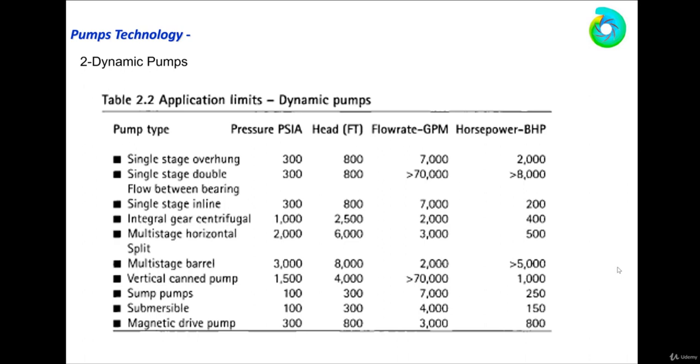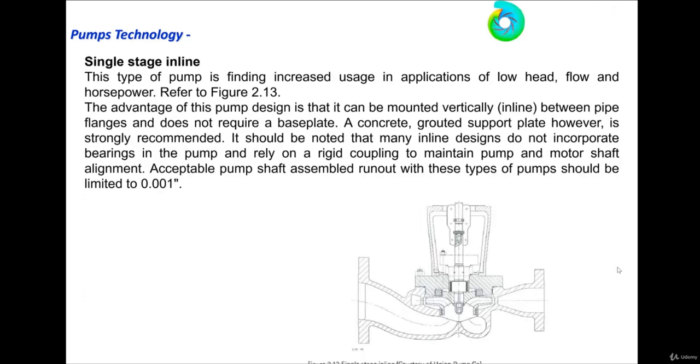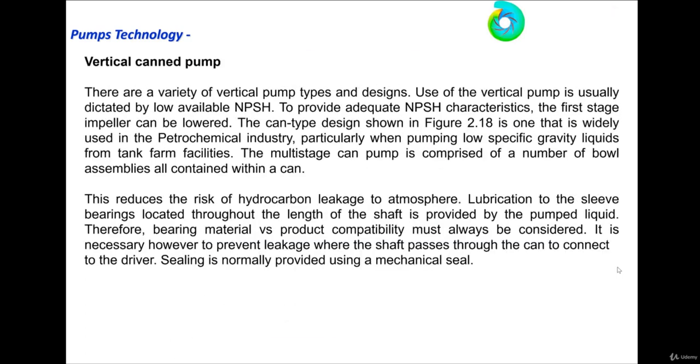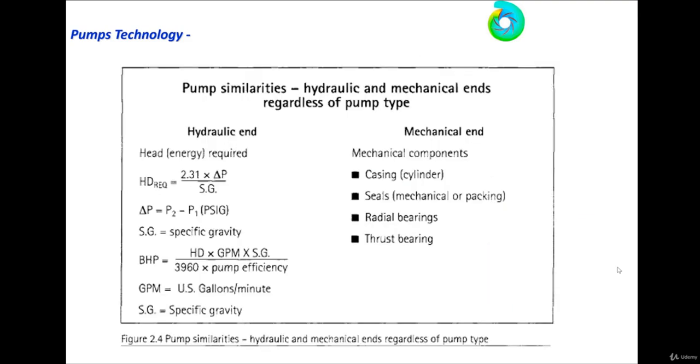The vertical can pump is the high range of the vertical ones. The sump pump is just a small pump, about 100 psi, and the submersible one is the same. And the magnetic drive pump has the limitation of the single stage overhung pump. These are the different flow ranges of the different types of pumps. Okay.